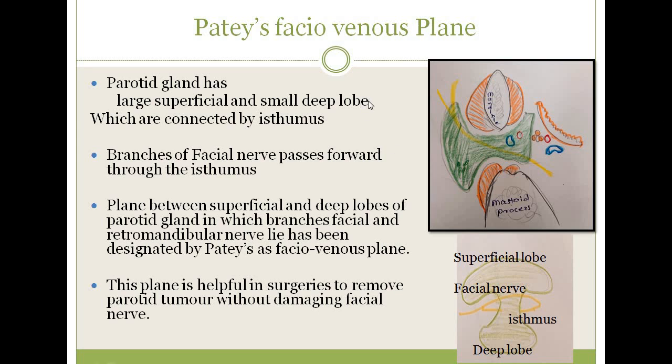Now coming to Patey's fasciovenous plane. The parotid gland has a superficial and a deep part, which are connected by an isthmus. Branches of the facial nerve pass forward through this isthmus.